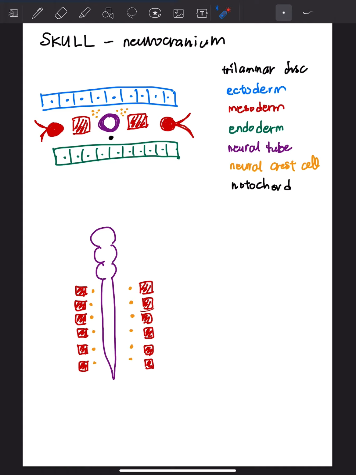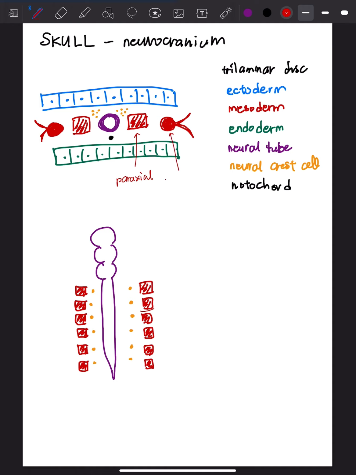Other important bits: if you can see the structures in red, you can see that it's going to have a few different parts. So let's just name them. Right around the notochord, just lateral to the notochord, you have part of the mesoderm, and this is called your paraxial mesoderm.